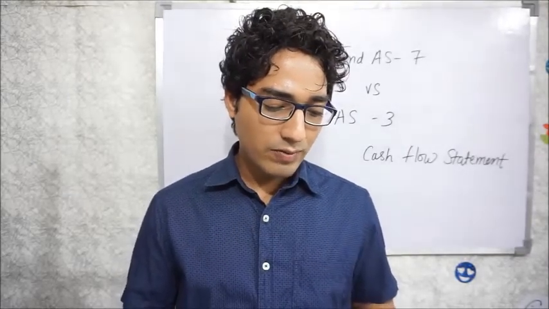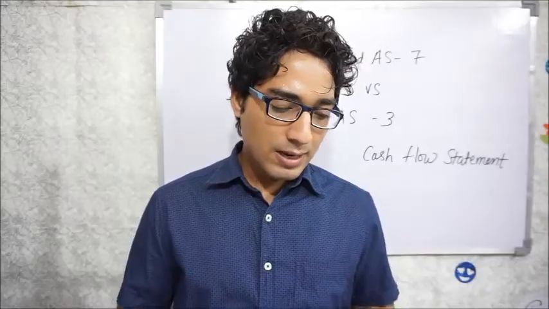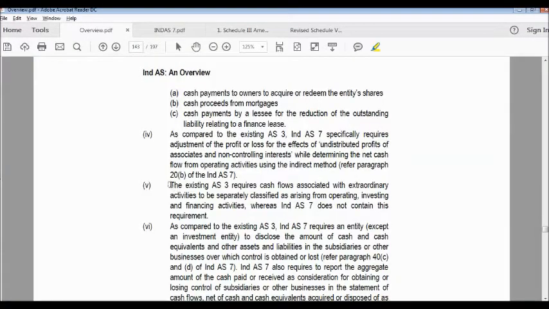And then the next one, the fifth point, is that the existing accounting standard 3 requires the cash flow associated with extraordinary activity to be separately classified as arising from operating, investing and financing activity, whereas Ind AS 7 does not contain this requirement.